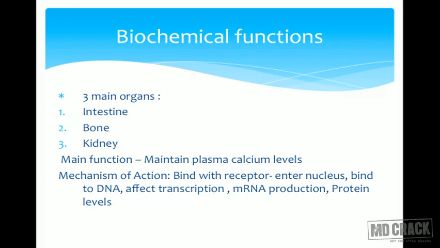Cal is calcium, for binding: a protein responsible for binding calcium. So in the intestine, when calbindin levels increase, it acts as a transporter for the absorption of calcium, and calcium gets absorbed more. So this is the mechanism of action. Basically it binds with receptors, enters the nucleus, binds to DNA, and affects transcription, mRNA production and protein levels.